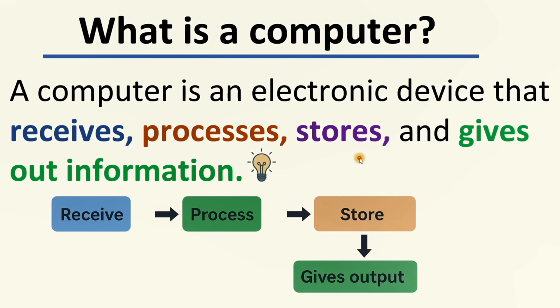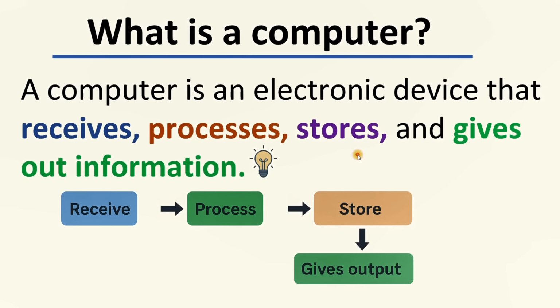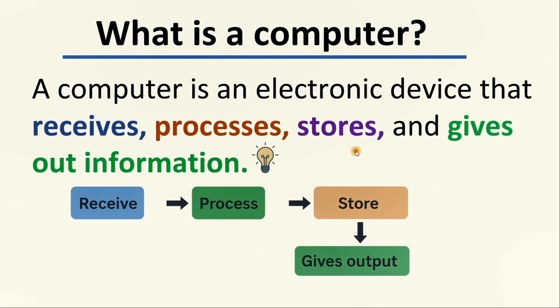That is the magic formula of computers. Now, imagine a brain that follows your instructions, works fast, remembers things, and gives you a result. That is a computer. All right, technology stars. Now we know what a computer is.